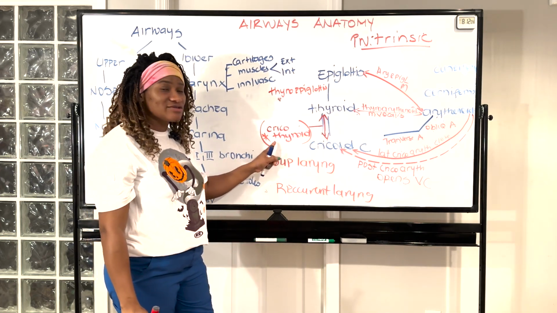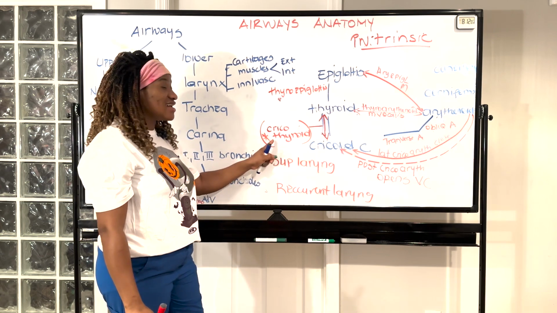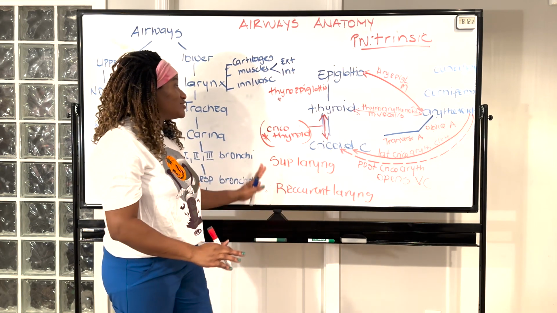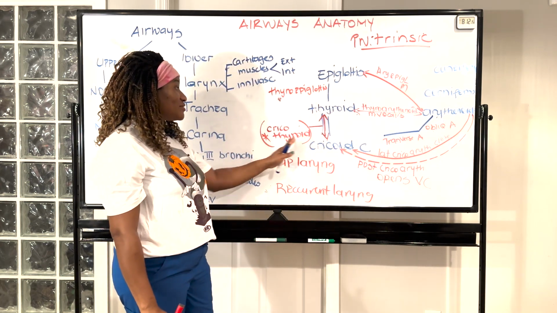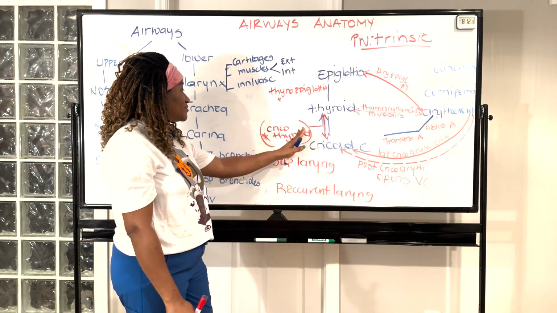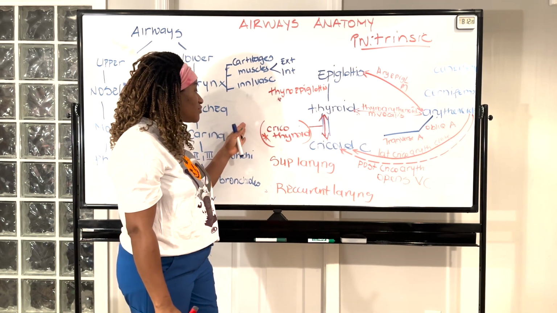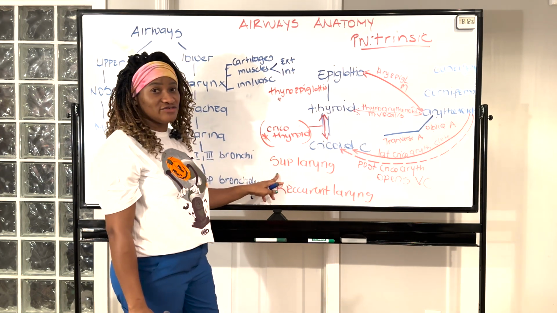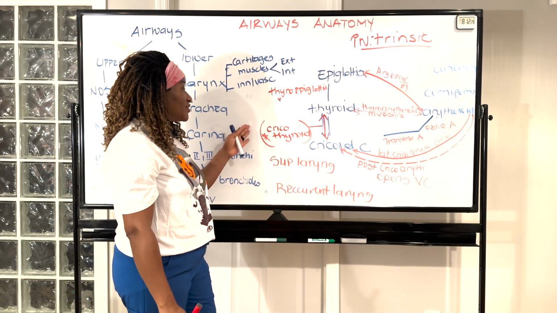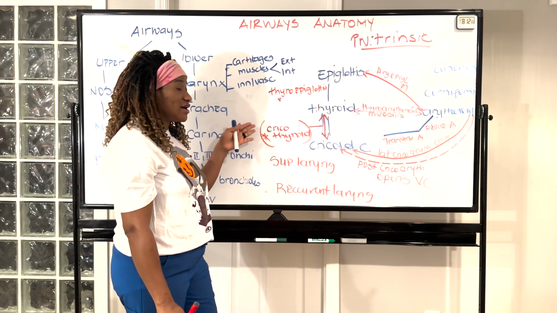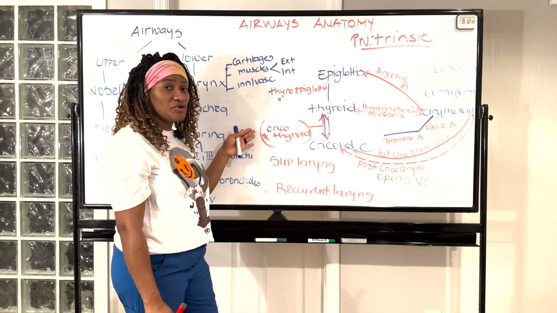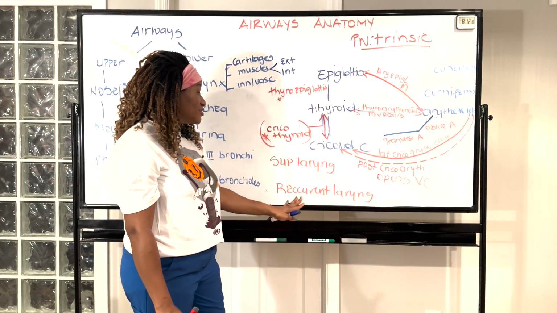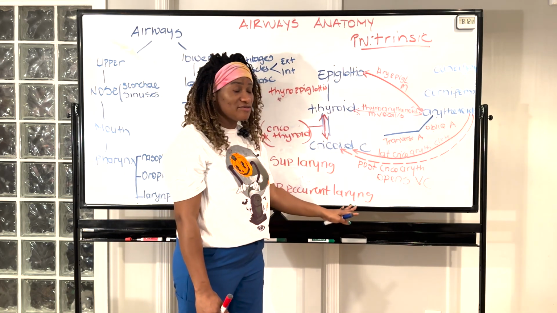Remember, it's the only muscle outside of the cartilage, so it's not going to receive its innervation from the recurrent laryngeal. Its motor innervation is done by the external branch of the superior laryngeal nerve. But all the rest of the intrinsic muscles get their innervation from the recurrent laryngeal nerve.